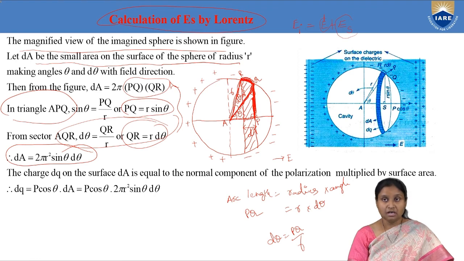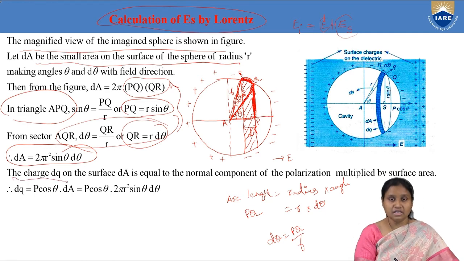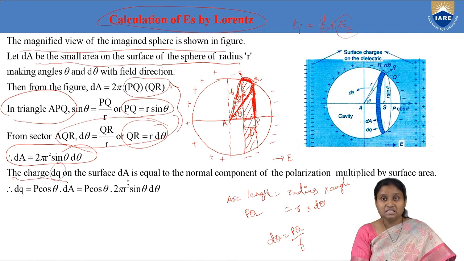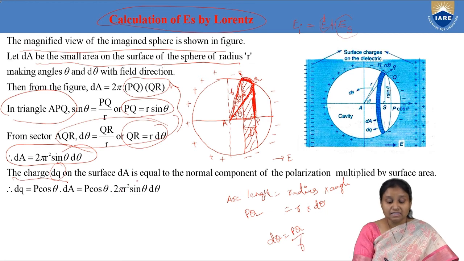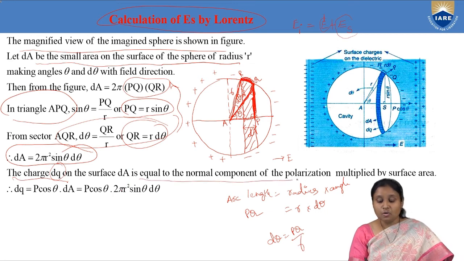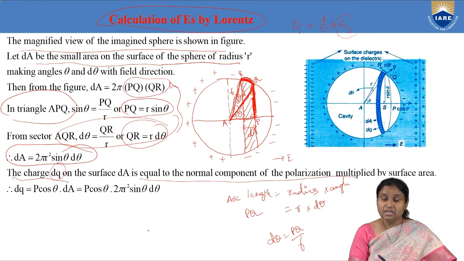Now the next step is to find what is the charge distribution on this small area. In order to find the charge, which I am denoting as dq on the surface dA, I have taken this charge as the normal component of polarization multiplied by surface area. Now I think I have already discussed the definition of the polarization vector in my video.